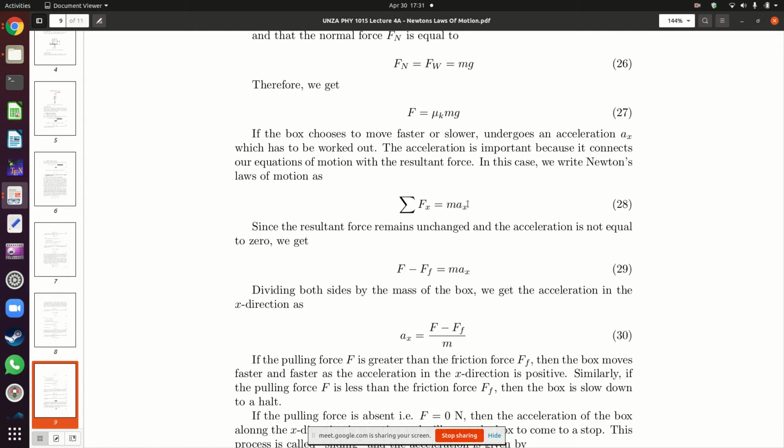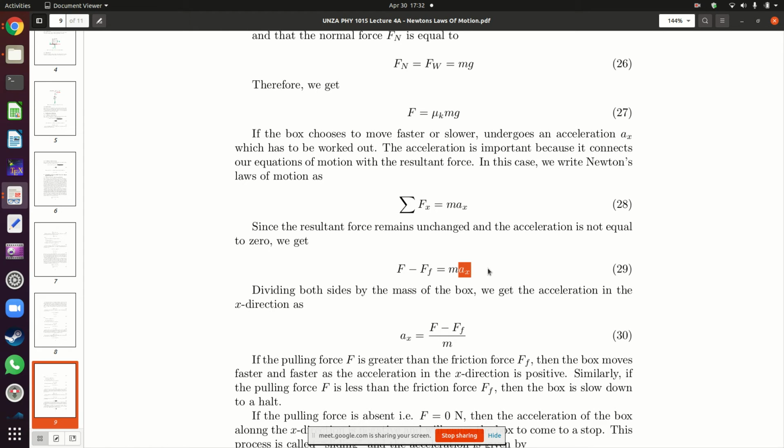So if there is a resultant force, and we know we have an expression of resultant force, which is F minus Ff, then F minus Ff equals the mass of the object multiplied by the acceleration. Yes, we have found the resultant force, but what is more important is that we find the acceleration, because it's only when we know the acceleration of an object that we can predict its movement, where it's going to be, and what its velocity will be at a particular point in time.